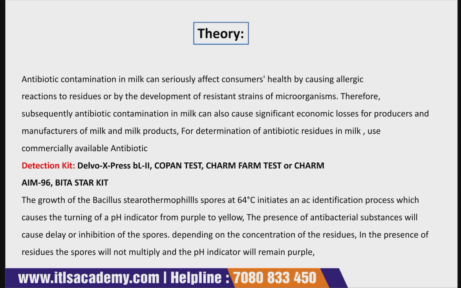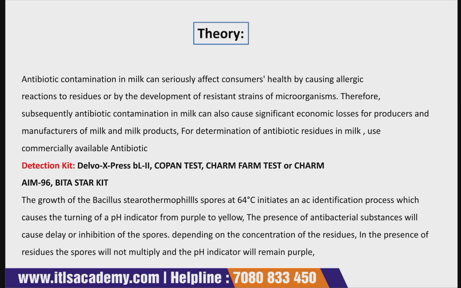and milk products. Apart from causing damage to the consumer, they can also cause significant economic losses for the producers as well as the manufacturers of the milk and milk product industry.